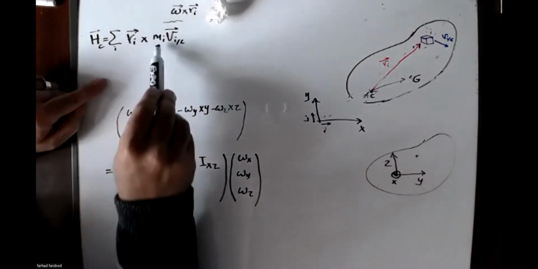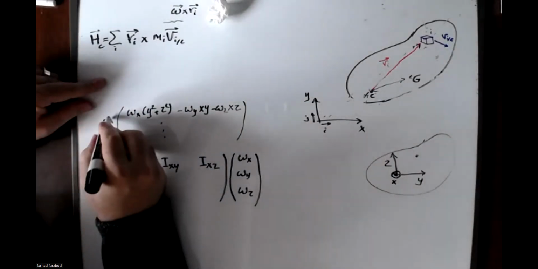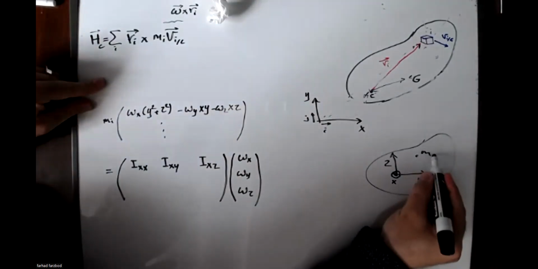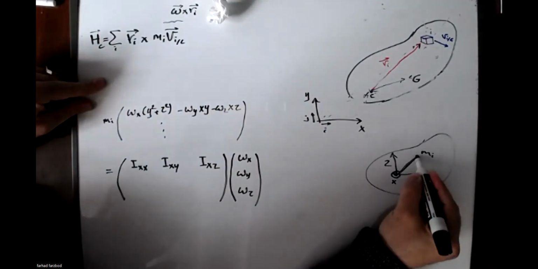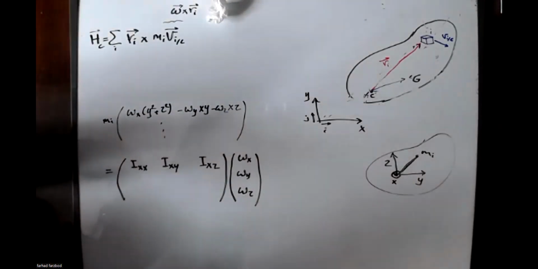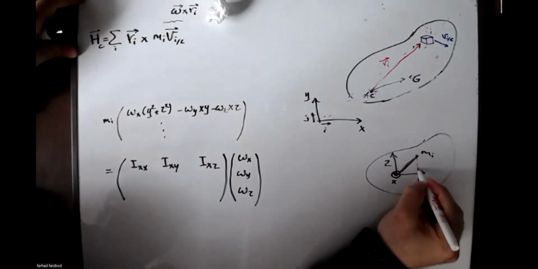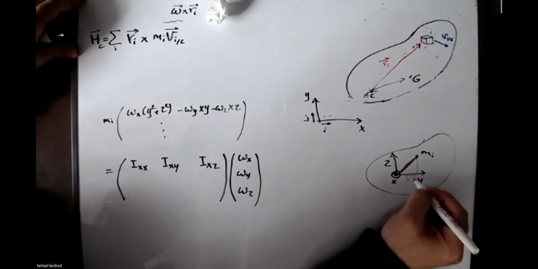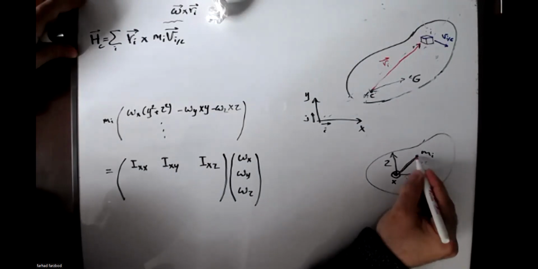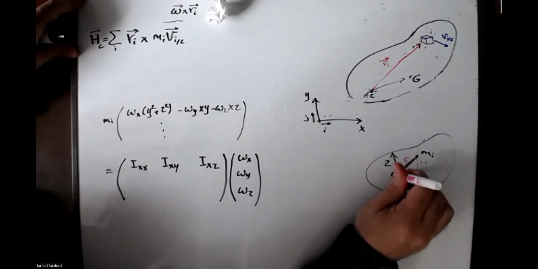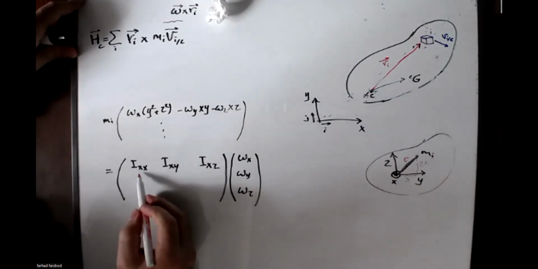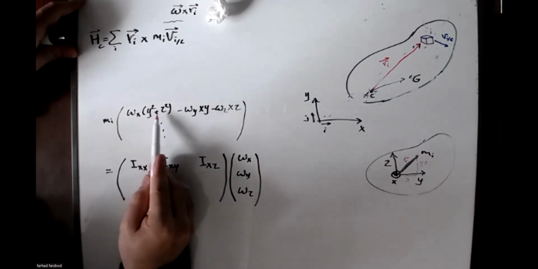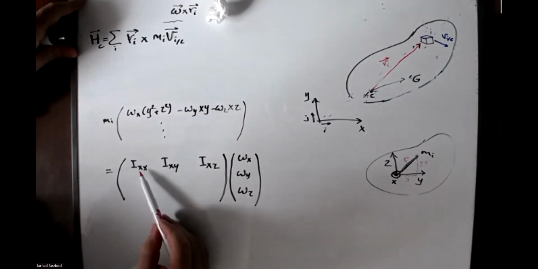This has to be multiplied by mi as well, the whole thing. So if I have particle mi here, this y square plus z square gives me this r square, which is the distance from the x-axis. This is the distance of this point from the x-axis. That's why we call it Ixx, because we have y square plus z square.